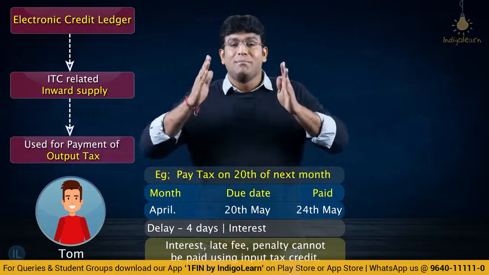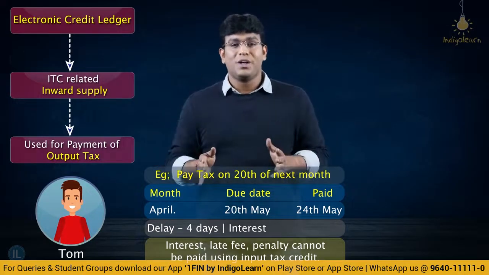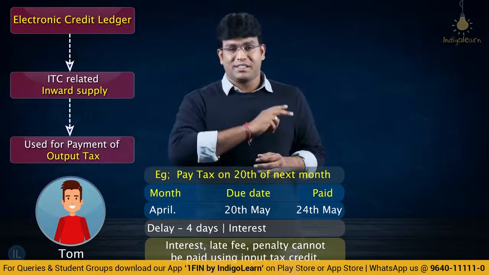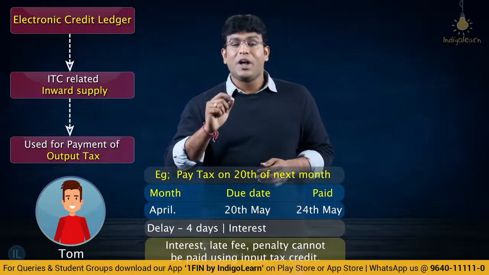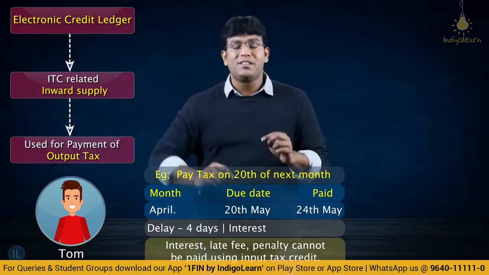The electronic credit ledger can be used only and only for payment of output tax.